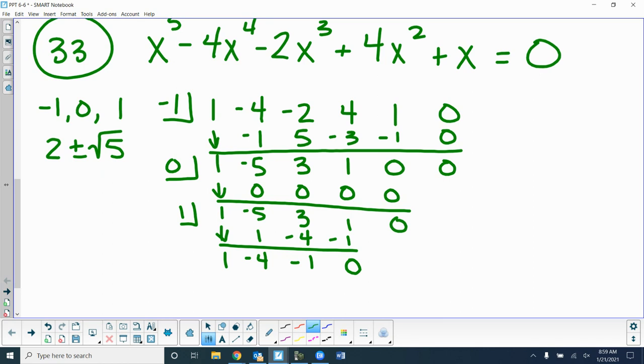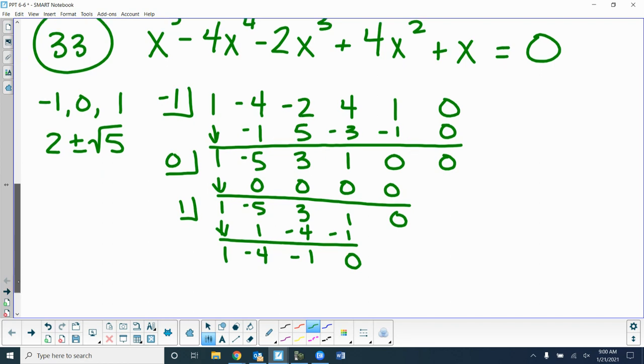That's simple, right? Now, remember, this first one was x to the what? 5th. So this one is x to the 4th. This one is x to the 2nd. All right?